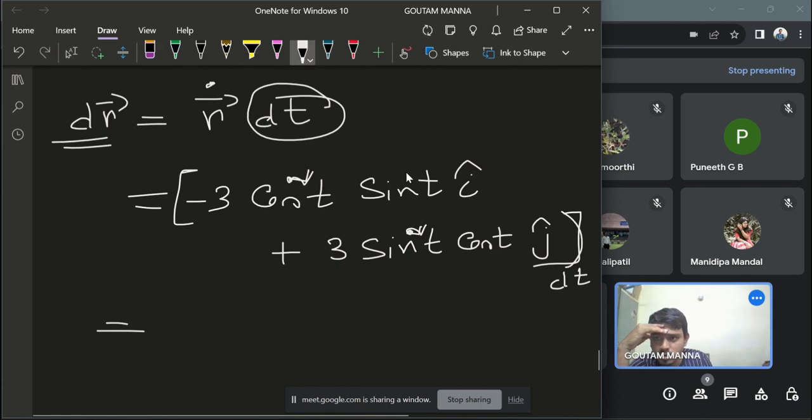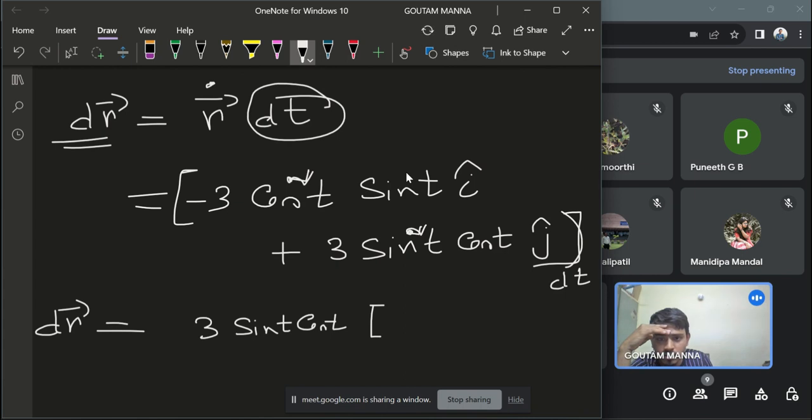So this dr vector will be, if I take 3 sine t cos t common, minus cos t i cap plus sin t j cap times dt.